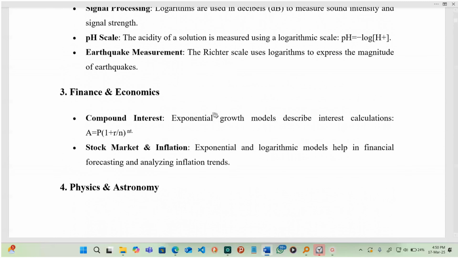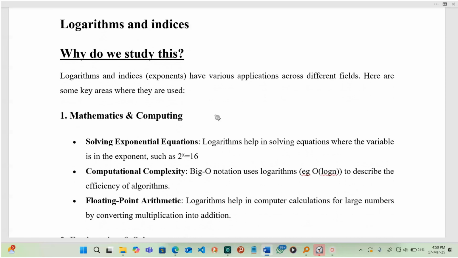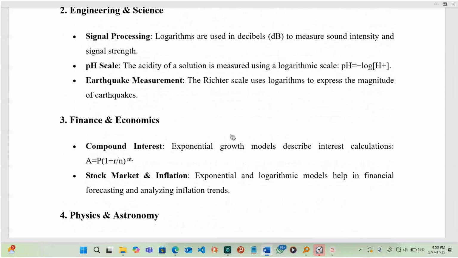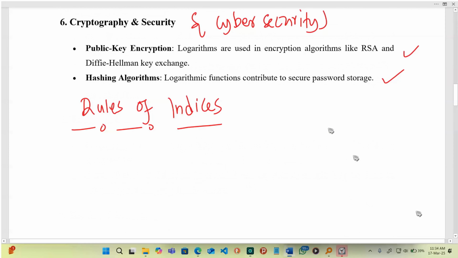So these are a few applications of logarithms and indices, and therefore as an advancing mathematician, as you study, you need to really put more emphasis, you need to put in extra energy. So in the next discussion, we'll be looking at the different rules and a few examples on how indices can be handled.